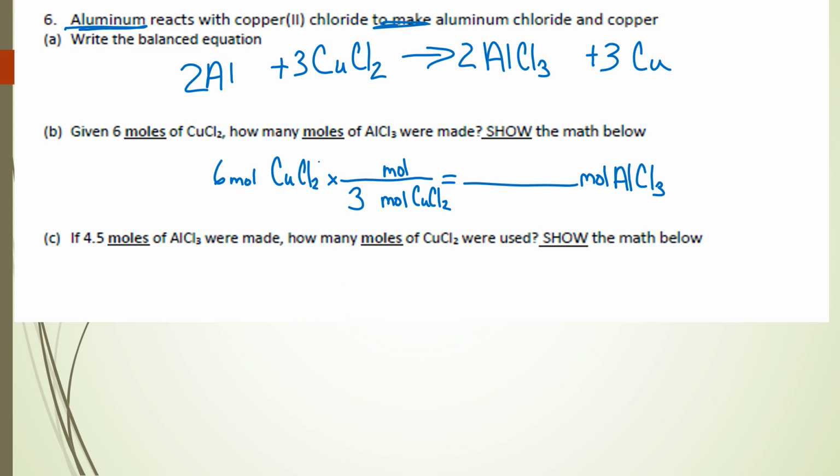On top, we're trying to go to AlCl3. And we're going to put 2. So what do we come up with? Should be exactly 4. 6 times 2 is 12, divided by 3 is 4. Questions? Do 6C on your own.